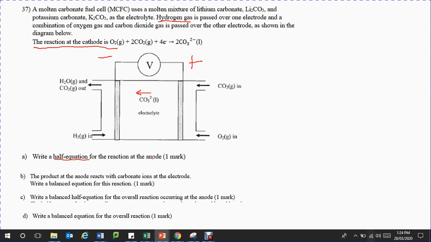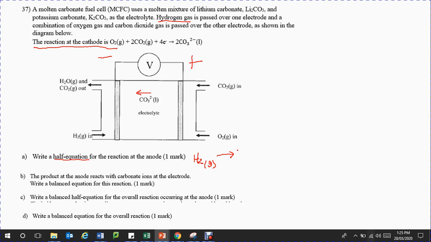I know that oxidation occurs at the anode, and when I was reading my information, I summarized that at the anode, I've got my hydrogen gas coming in. Excuse my writing. I need to get a fancy pen like this for you. At the anode, it's undergoing oxidation.